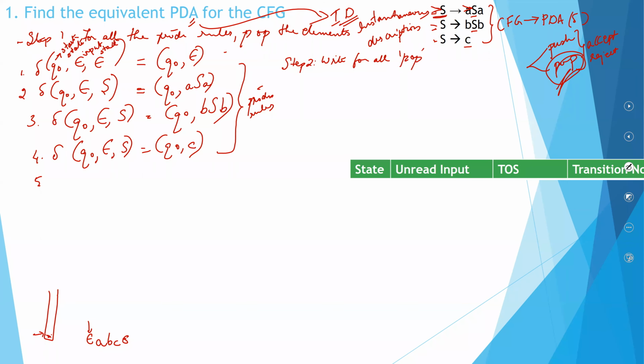What we want is to check whether the PDA you constructed is correct or not. The easiest way to do that is to have a 4-column table with state, input, top of the stack, and transition number. So let's do it together, so that you'll feel it easier.